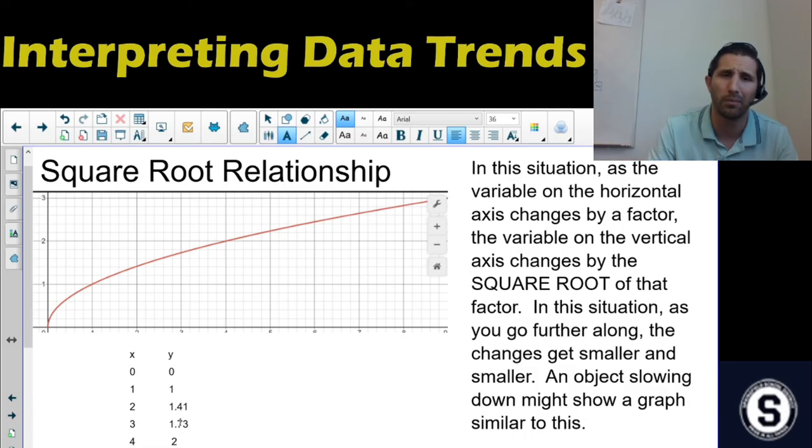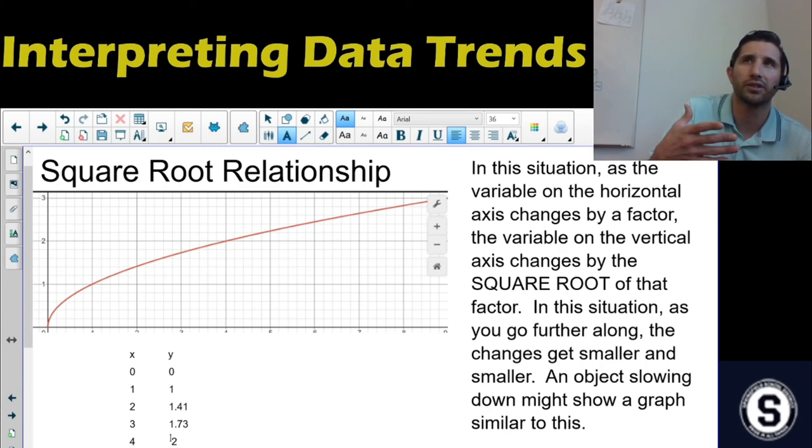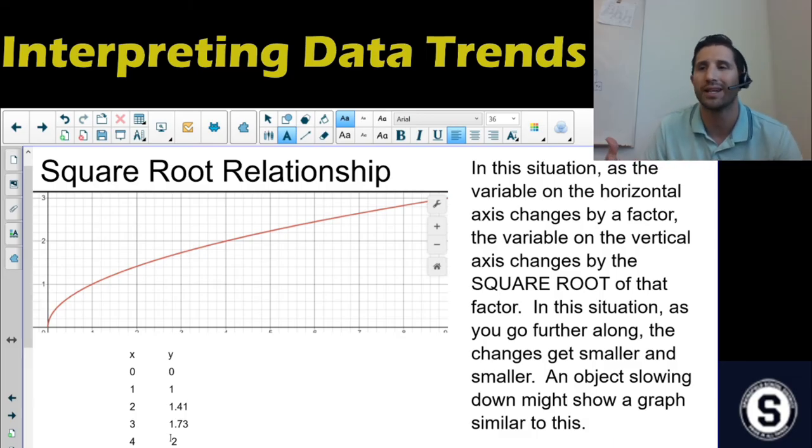All right, so it's going up, you can see, by less and less and less as things change. So in this situation, if one thing is increasing and the other is increasing by less and less and less, then it's possible that this could be a square root relationship. So that's where I would look for something like that.